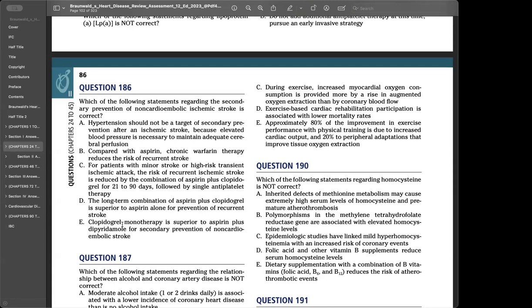The metabolism of homocysteine usually involves dietary methionine, and inherited disorders will cause high levels of homocysteine and homocysteinuria. So this is a true statement. Since we're looking for the statement that is not correct, that makes it false.